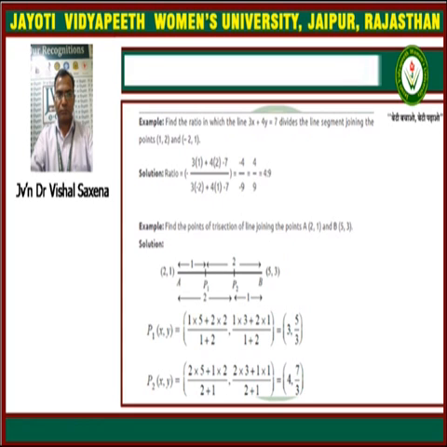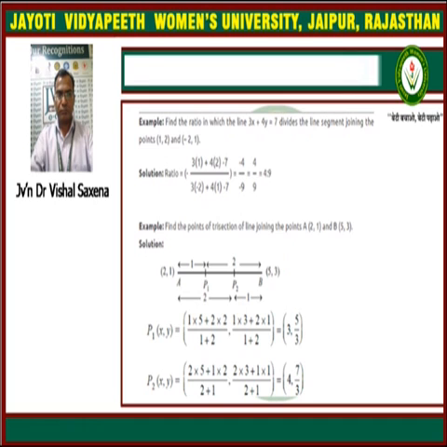Suppose these points are P1 and P2. The coordinates of the point P1 are given by applying the section formula, where P1 divides the line segment AB in the ratio 1 : 2 and P2 divides the line segment AB in the ratio 2 : 1.